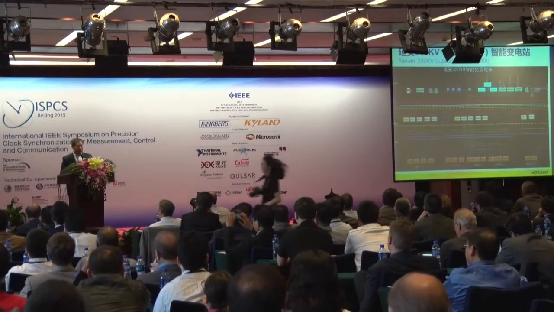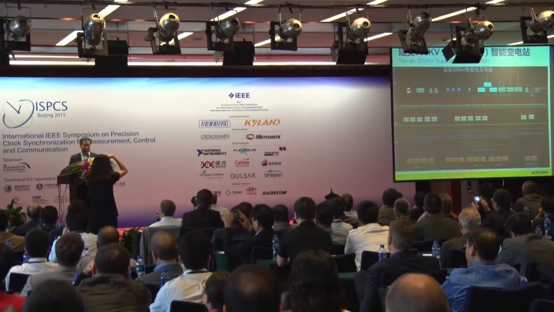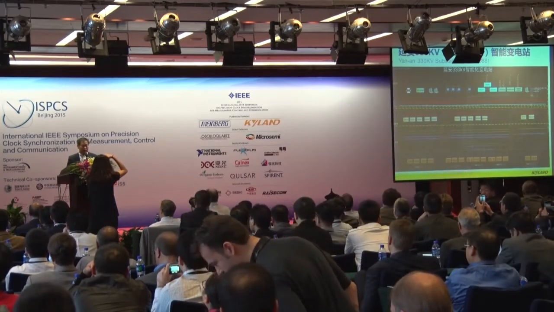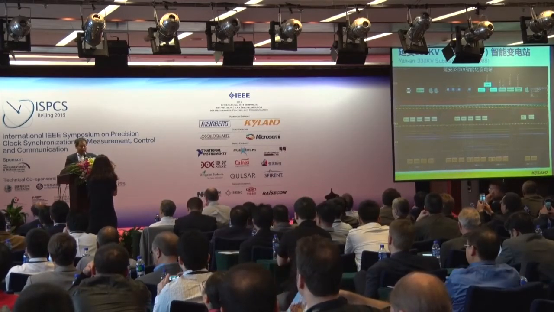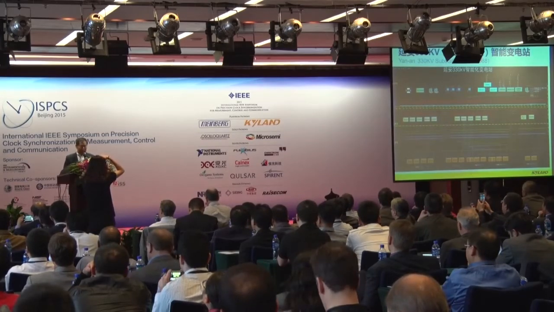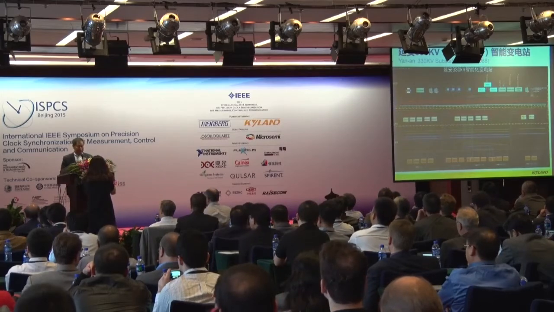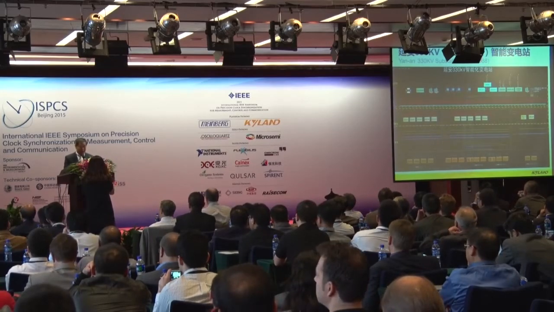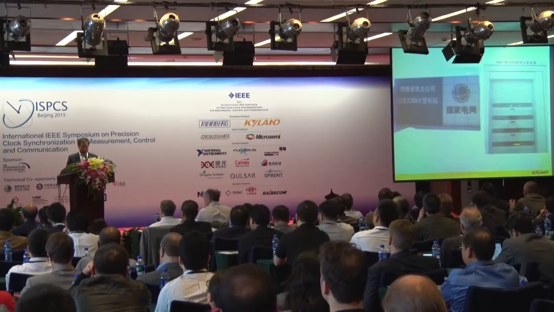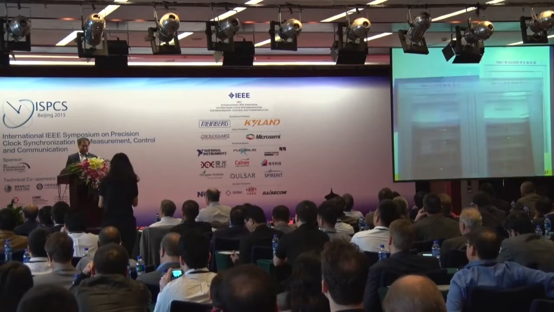Now in China we have some applications in the smart substation. One is the Yan'an 330 kV substation. This substation uses 1588 for time synchronization for all the IEDs, bay controllers and merging units. It is a big substation in China, for the State Grid in Shanxi province.